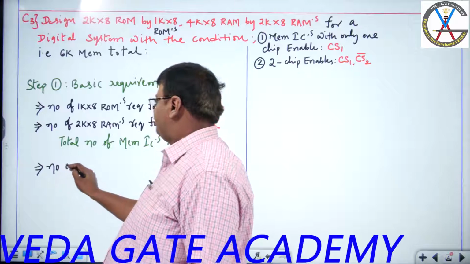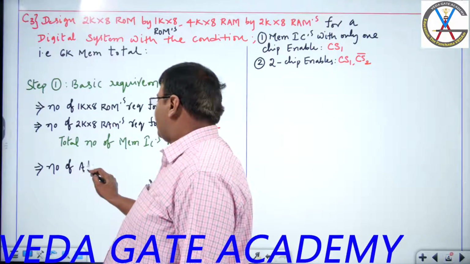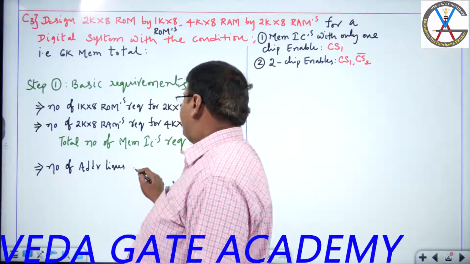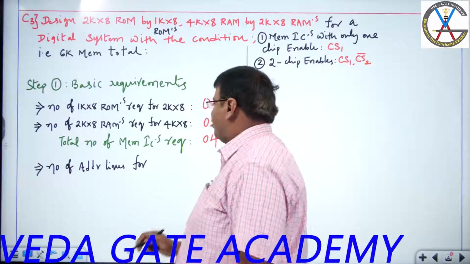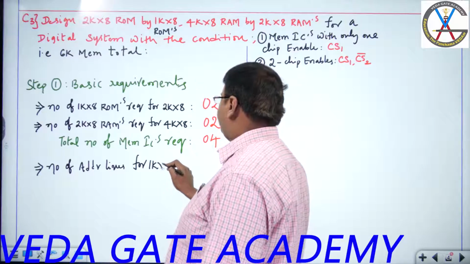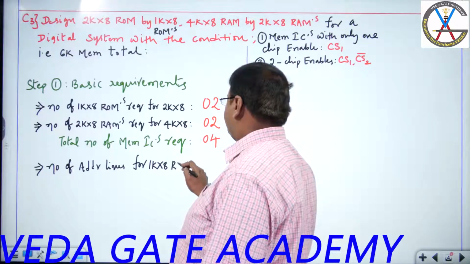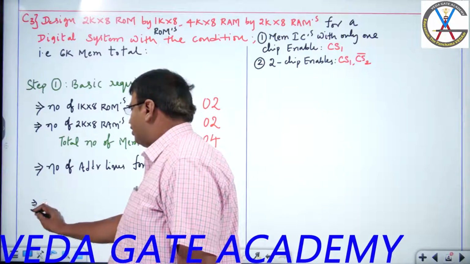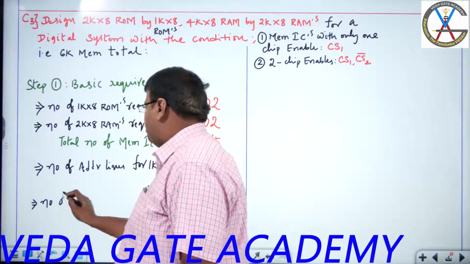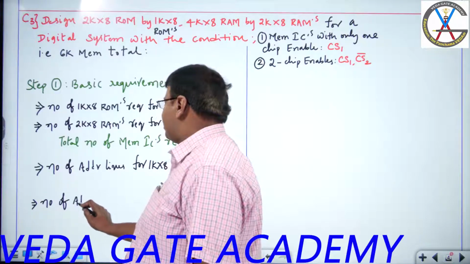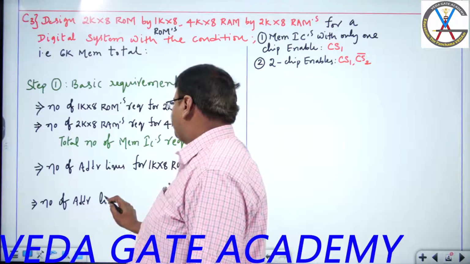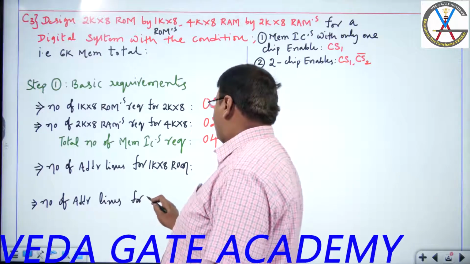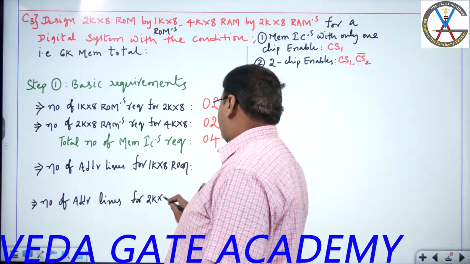Next, number of address lines for 1K into 8 ROM. Similarly, number of address lines for 2K into 8 RAM.